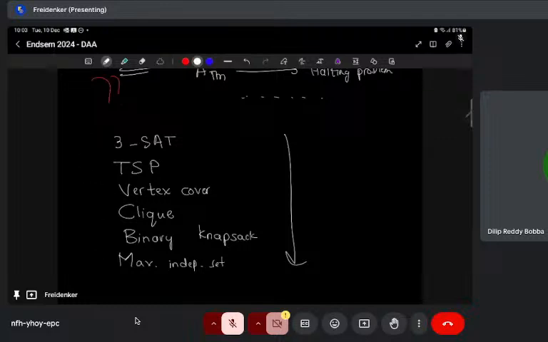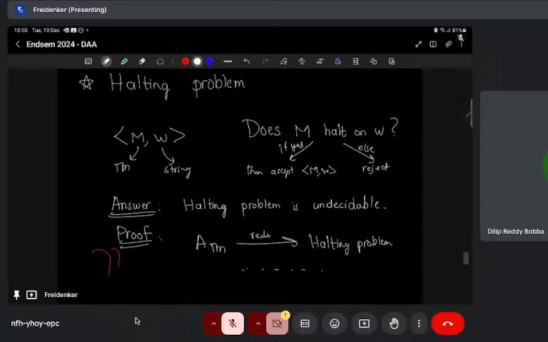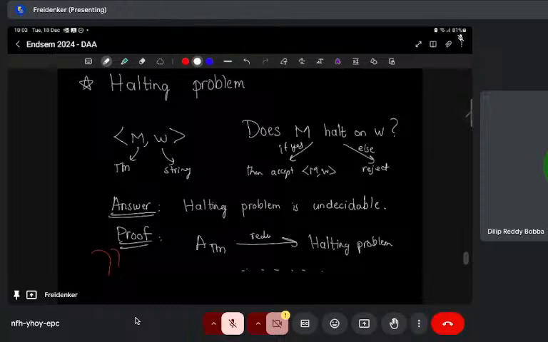I did not go through any of these, and about some approximate solutions, I think approximate solution to vertex cover, something like that. I'll have to see. I didn't see anything. So the halting problem also maybe I'll have to look into it.